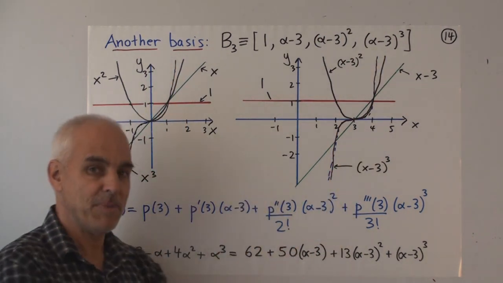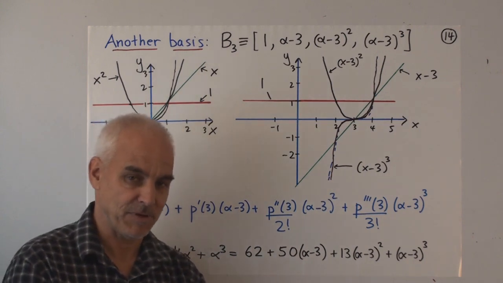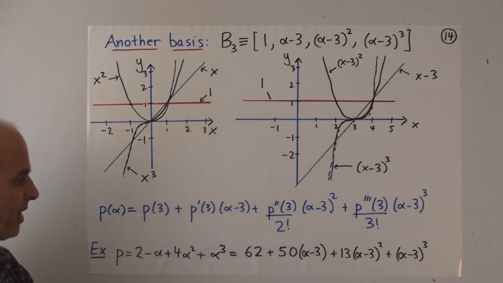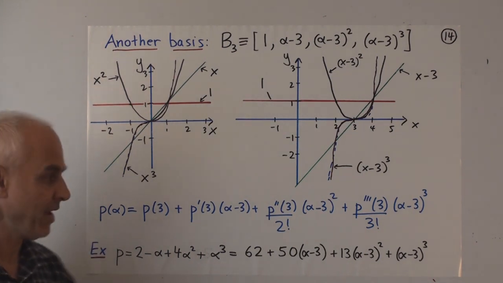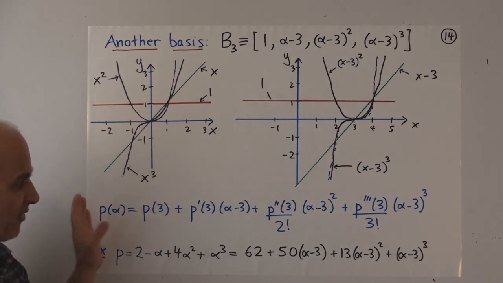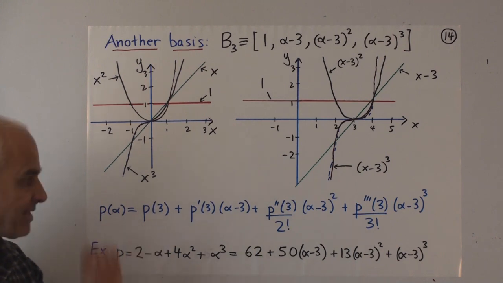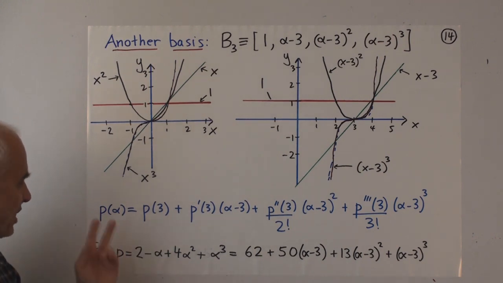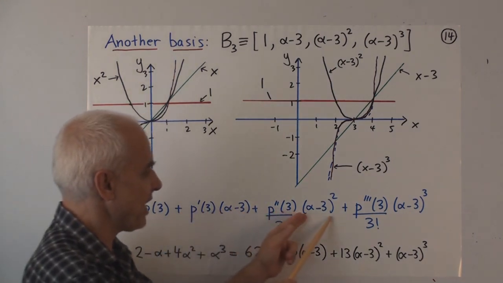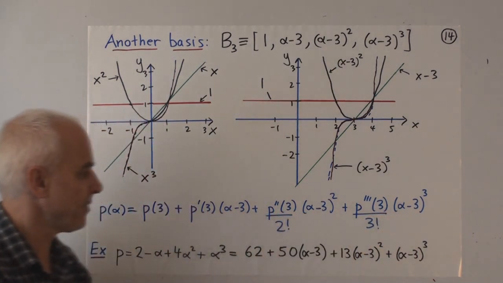And why might we be interested in these particular polynomials? Well, remember the Taylor formula that we derived as a consequence of our basic translation formula that expresses a general polynomial in terms of powers of, say, alpha minus 3.